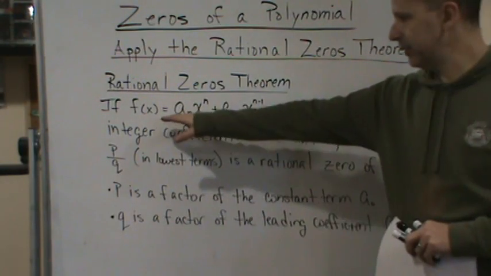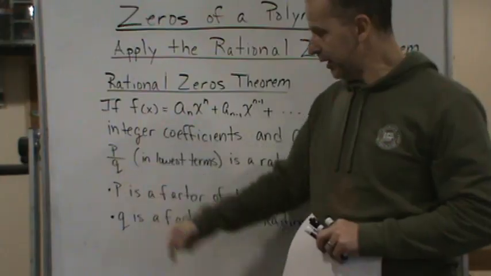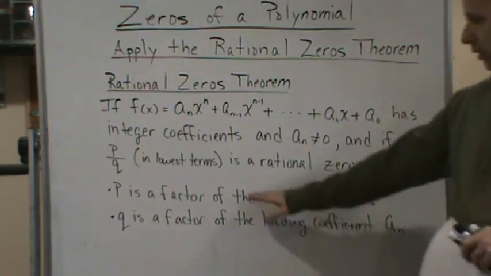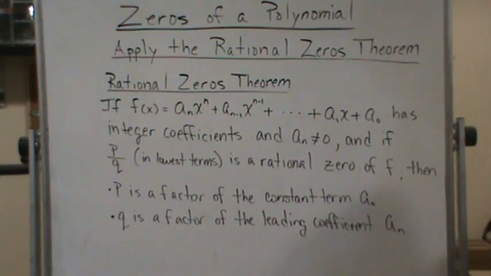And if f of x has integer coefficients, so again, stipulation here, condition, and a sub n is not equal to 0, and if p divided by q, and again, we're assuming this is in lowest terms, so this is a simplified fraction, is a rational zero.